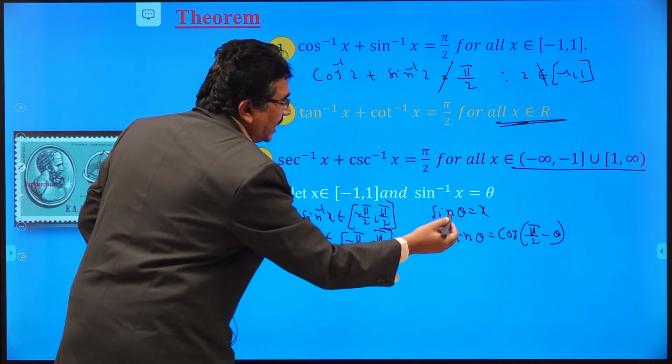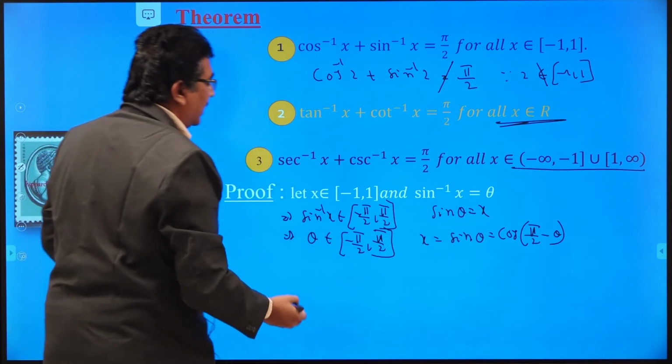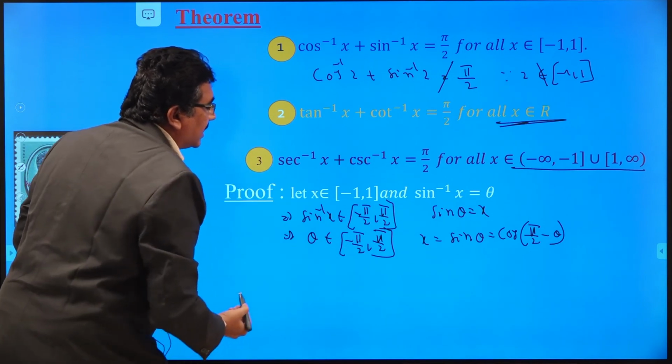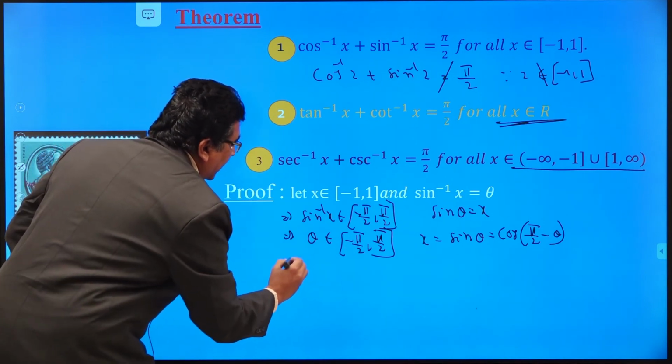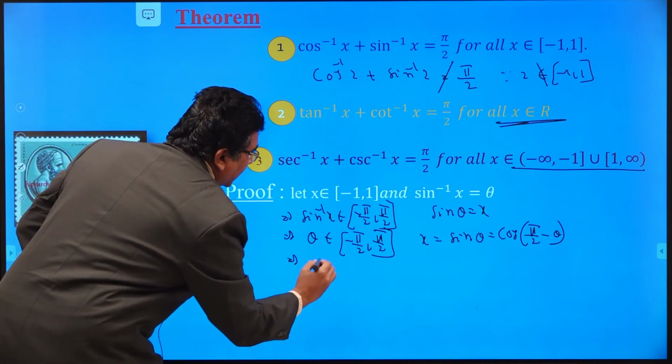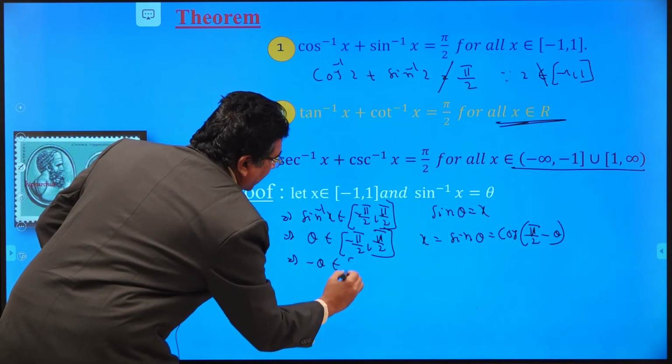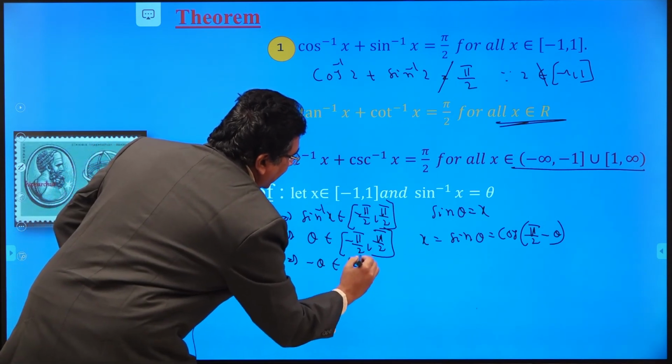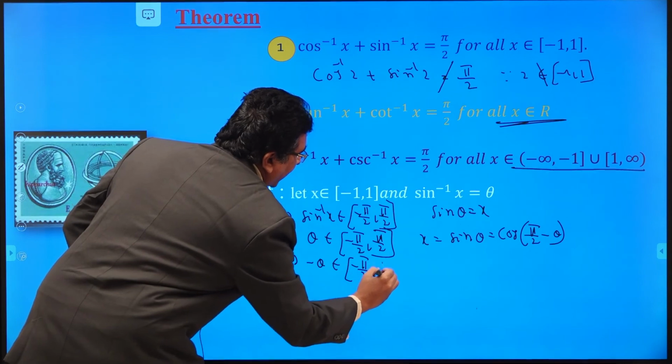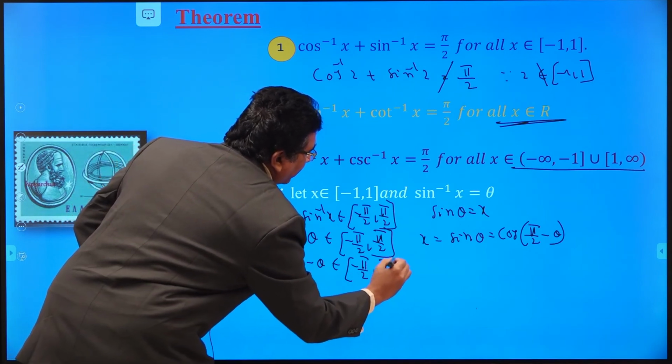Since theta belongs to this interval, minus theta also belongs to the same interval, minus pi by 2 comma pi by 2.